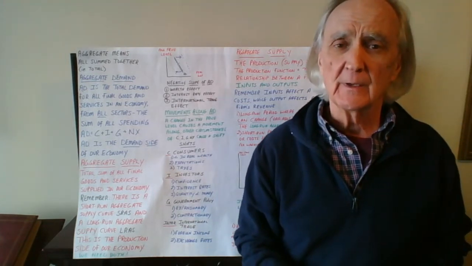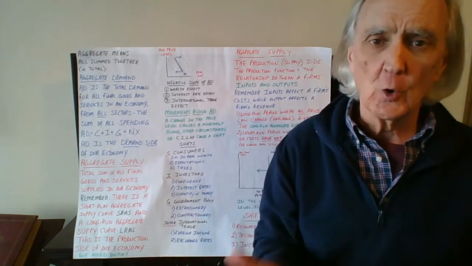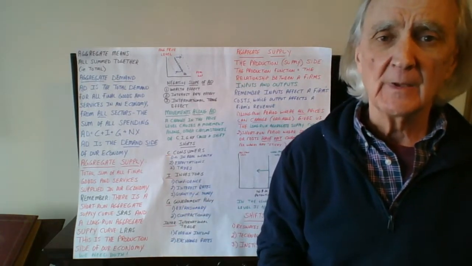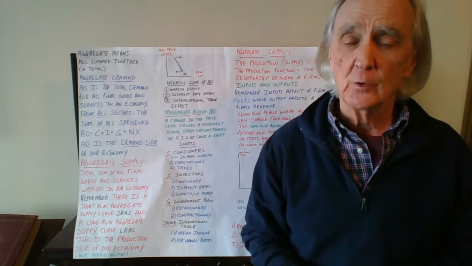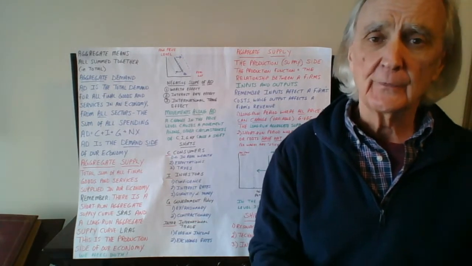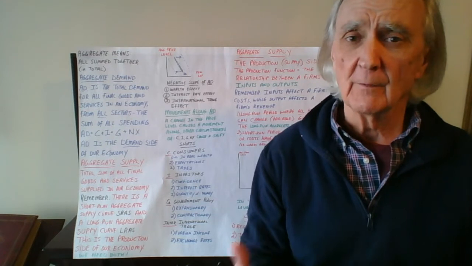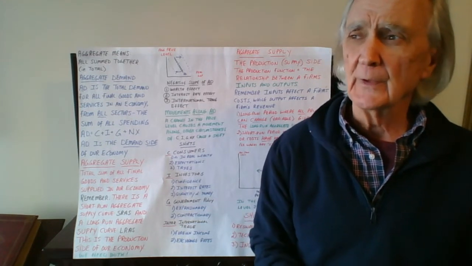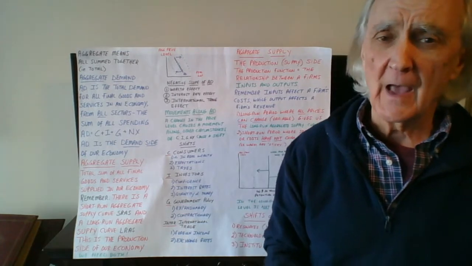Typically, when we think of government policy, it is trying to encourage an economy to grow. Although it could be used if the economy was overheating and the government thought, things are starting to get a little out of hand, we better contract this economy a bit.